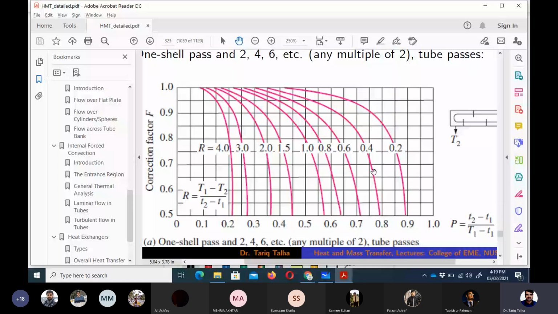If there is no intersection for the values of P and R, like if we have the value of P equal to 0.95, no matter what the value of R is, there is not going to be any intersecting line which can have the intersection of R with P. So it means that in that case, the value of the correction factor would always be equal to 1. I hope that this point is clear to you all.